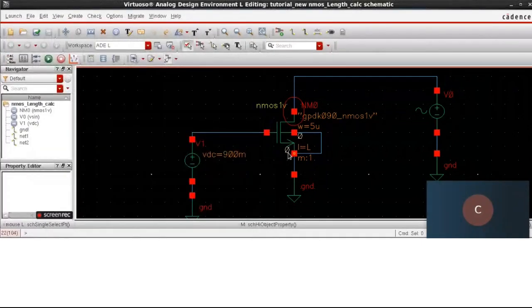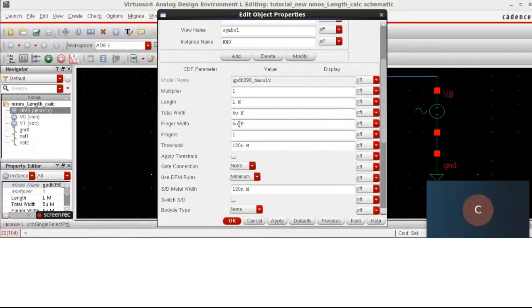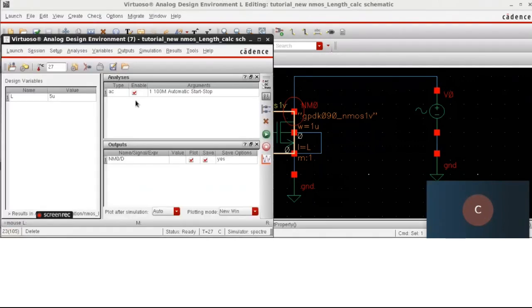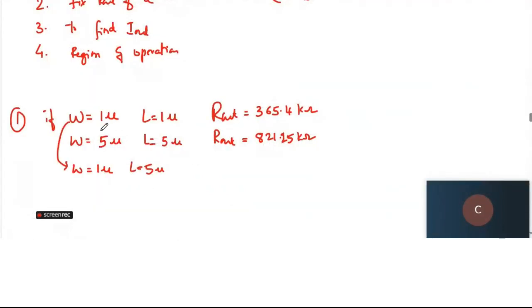I'll make W as 1 micro only, but this time I'm making L as 5. So the ratio is obviously W by L is 1 by 5, right? W is 1, L is 5. Why I'm doing this, just want to understand, if L is just increased, keeping W the same, what value it is going to have.